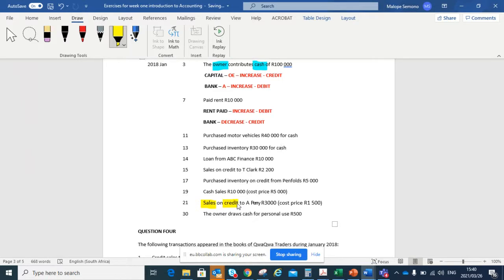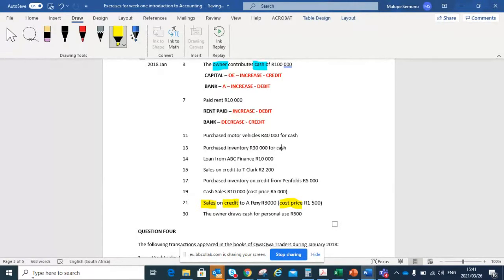This will affect us. And we sold it to what? A Perry. For how much? For 3,000. But the inventory that we sold, we bought it before for how much? The cost price is 1,500.